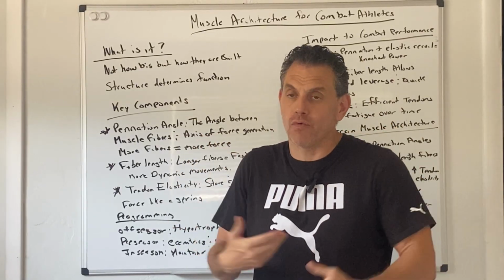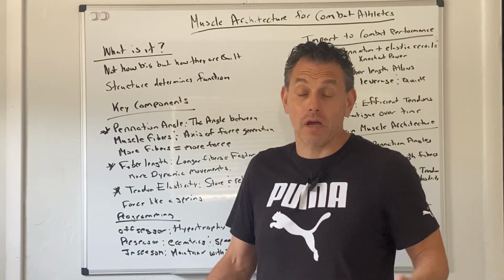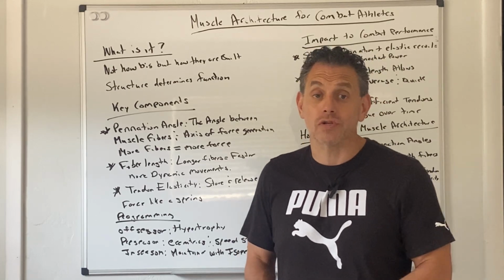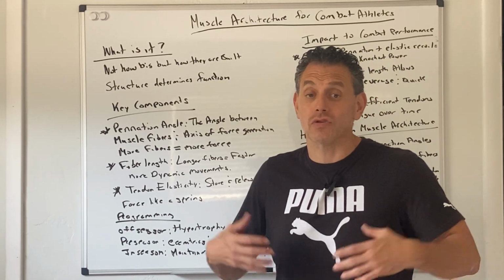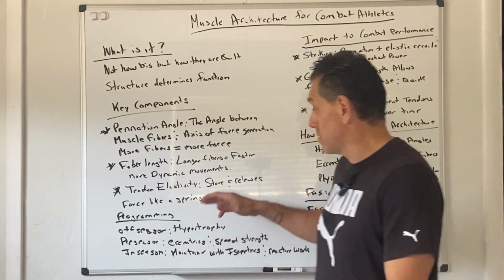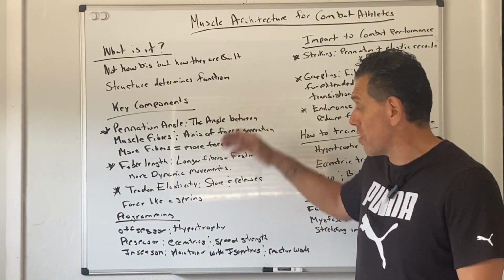Then they accidentally rip a pec, rip a bicep, rip a quad. I've seen pec, bicep, and quad tears, all from bodybuilders taking steroids, and their muscle tissue was stronger than their tendon strength. So tendon elasticity is very, very important when it comes to muscle architecture.